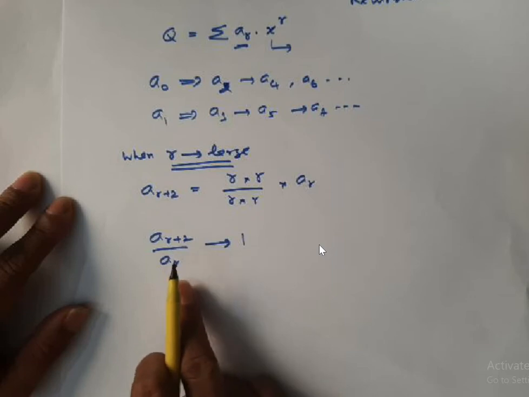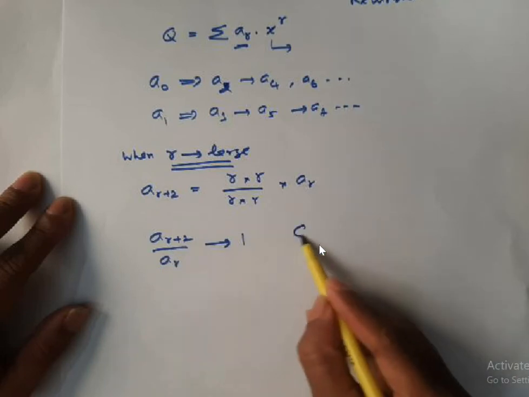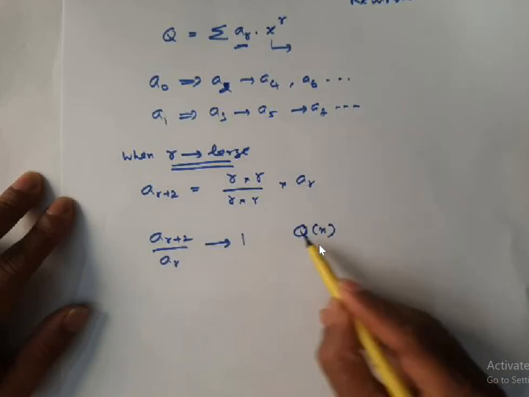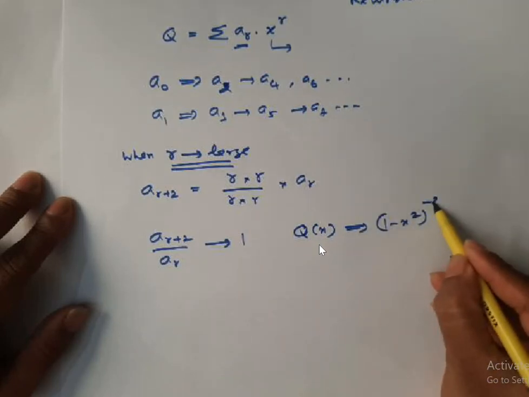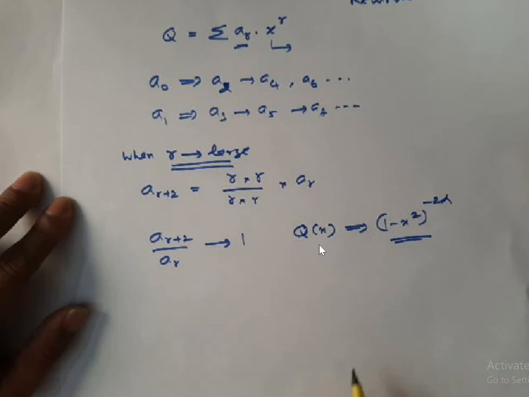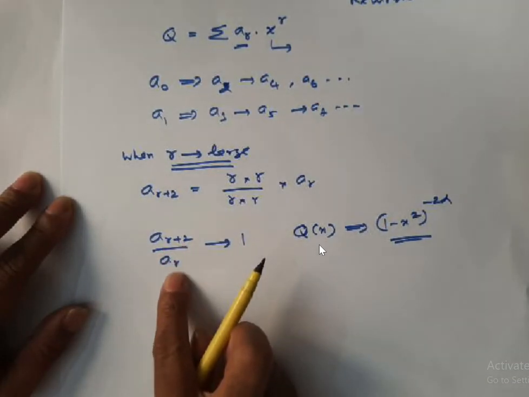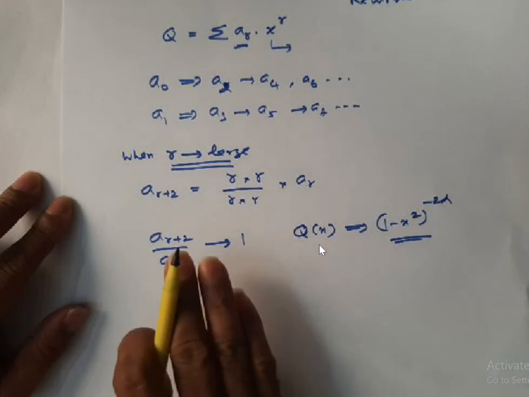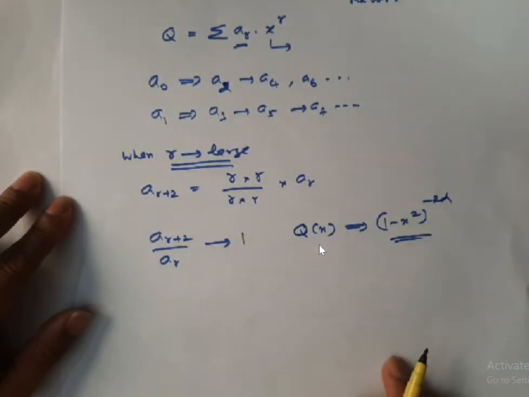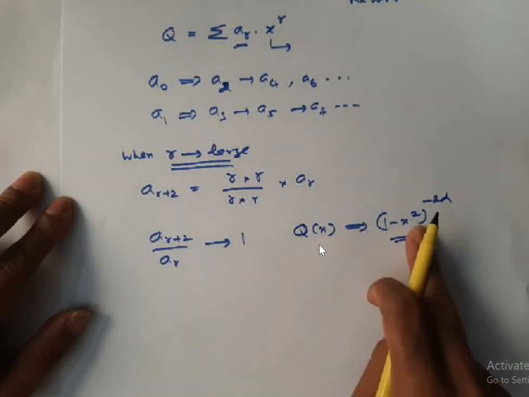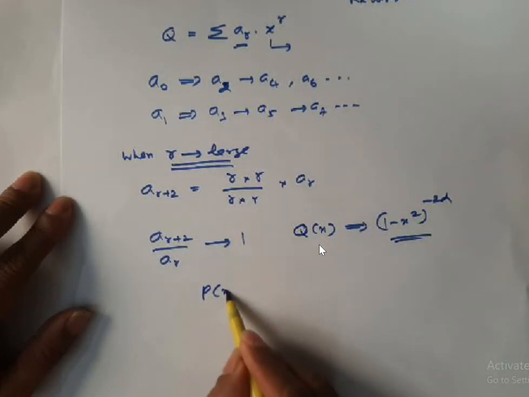Or we can say that when a_(r+2) by a_r approaches 1, the function q of x will behave like (1 minus x square) power minus 2 alpha.